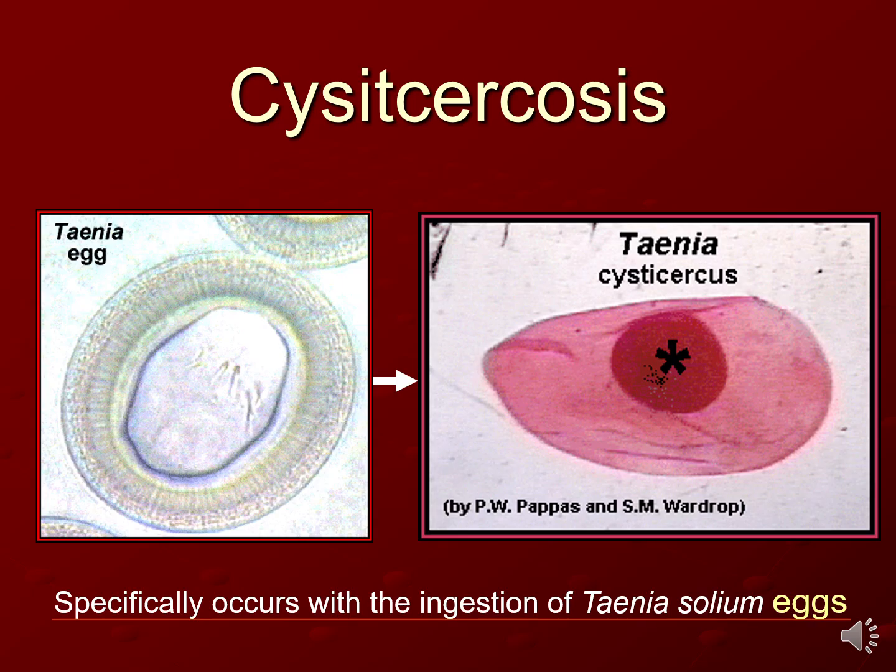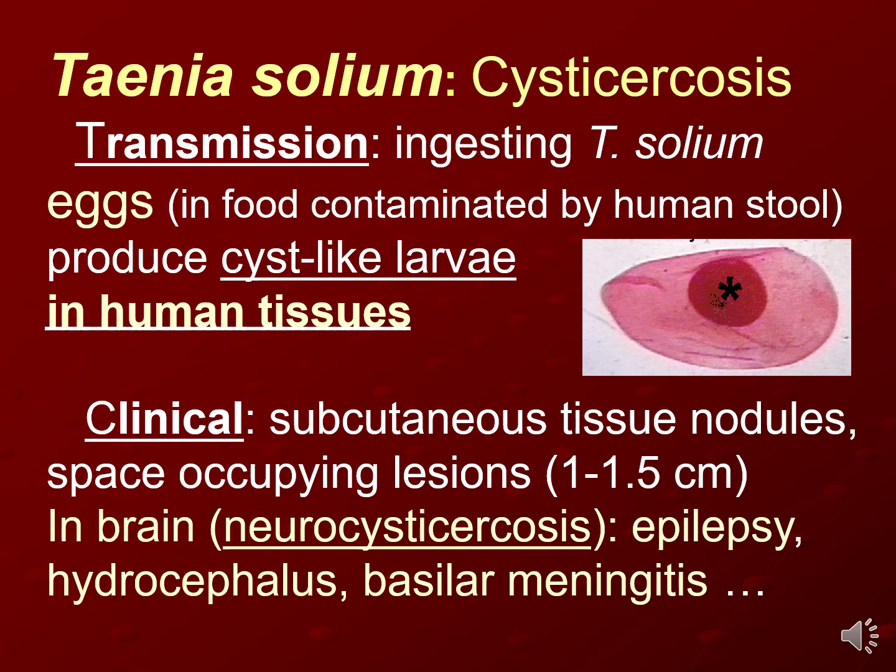As written here, cysticercosis occurs specifically and only with Taenia solium eggs, which means that the Taenia saginata eggs do not infect humans. Taenia solium cysticercosis, this is for the transmission.